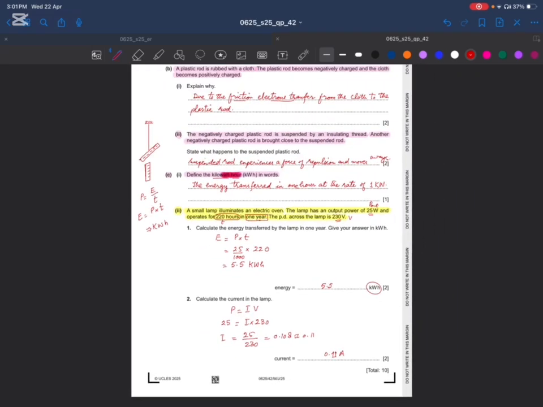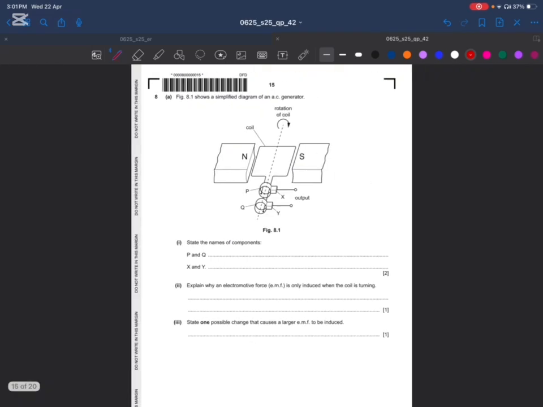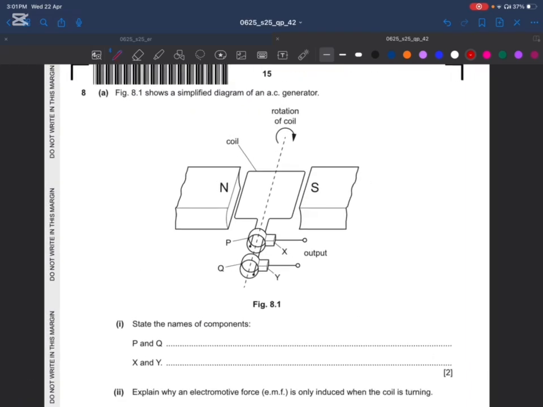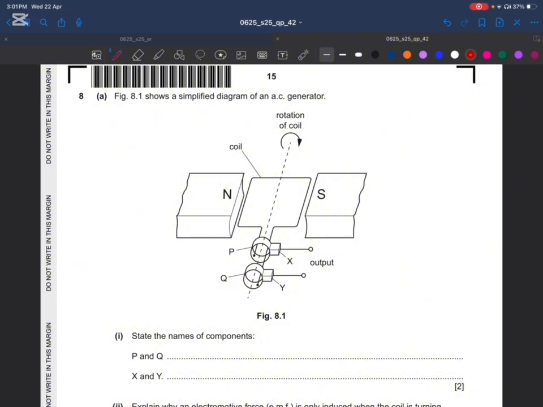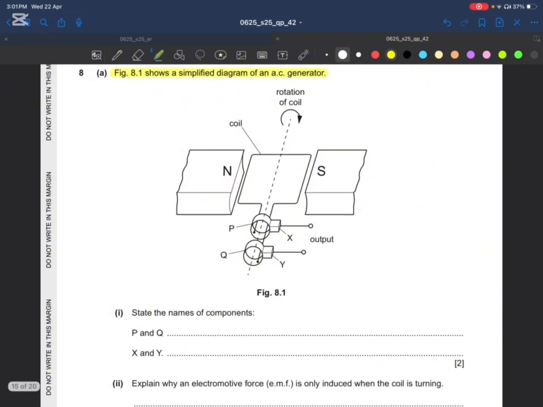Okay. So this was your question number 7. Come to the next question, question number 8. What is the question here? In part A, they are telling you that figure 8.1 shows a simplified diagram of an AC generator. You have studied the AC generator, and this is a very common, frequently asked question.